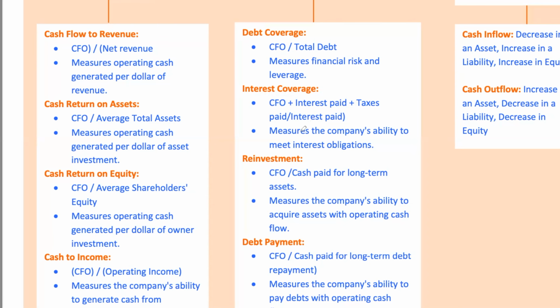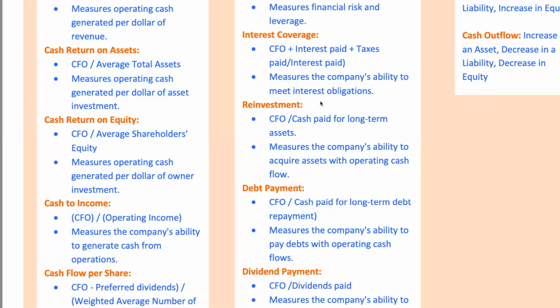Now on to the reinvestment ratio, which measures how much of the operating cash flow is being reinvested in long-term assets. For companies like Amazon or Google, which are constantly investing in innovation and infrastructure, a high reinvestment ratio is expected.